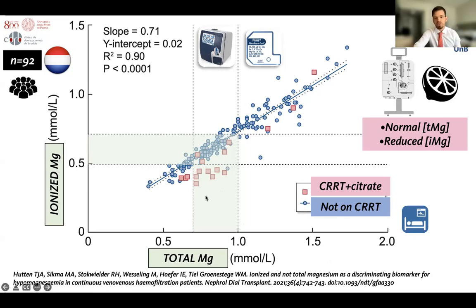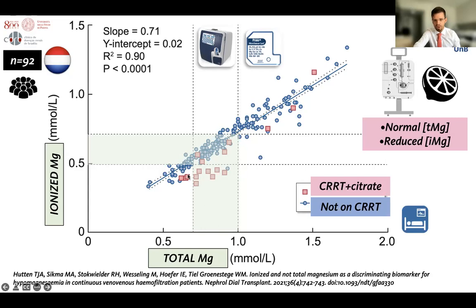Nonetheless, the squares represent patients on CRT with citrate anticoagulation. And we can see here that in those measurements, patients had a normal total magnesium. However, those patients had low ionized magnesium.